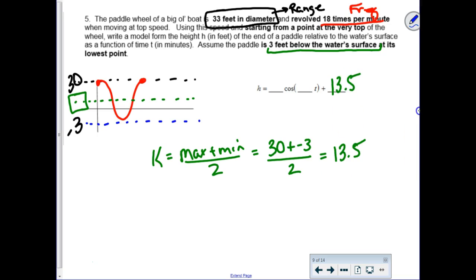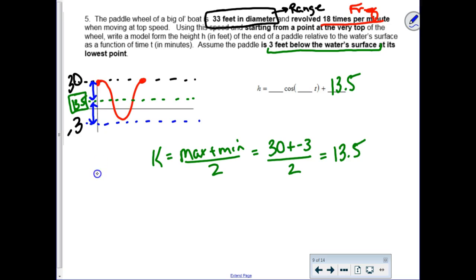And then the amplitude, I should write that down on the picture. The amplitude you can find one of two ways. And I suggest you confer with your brain and maybe look at this question a little more carefully than you normally would. 13.5 to 30 versus 13.5 to -3.